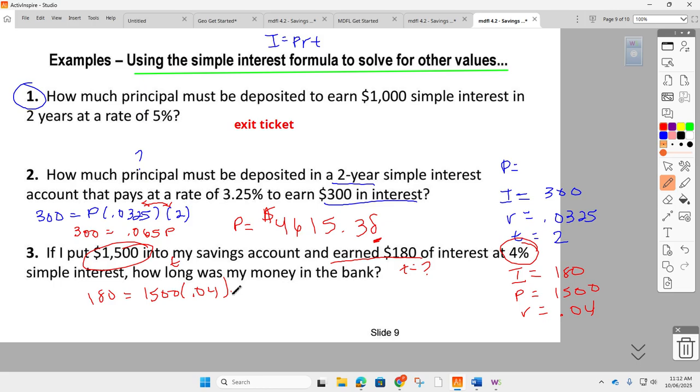And what we don't know is our time. 1,500 times 0.04, if you would exactly appreciate it. 180 equals 60T, because 1,500 times 0.04 is 60. Divide both sides by 60. Now we know that T is 3, or 3 years is what we need to be putting for our answer.